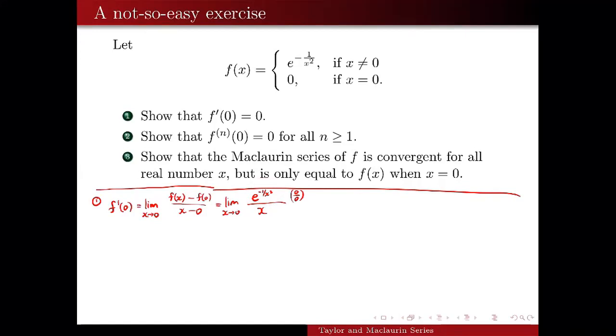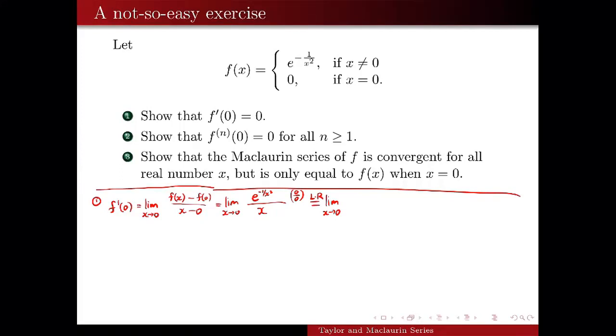So maybe we can use L'Hopital's rule. So what will happen if we use L'Hopital's rule? We have the limit as x approaches 0. I hope this will work. Otherwise, we'll use the reciprocal.